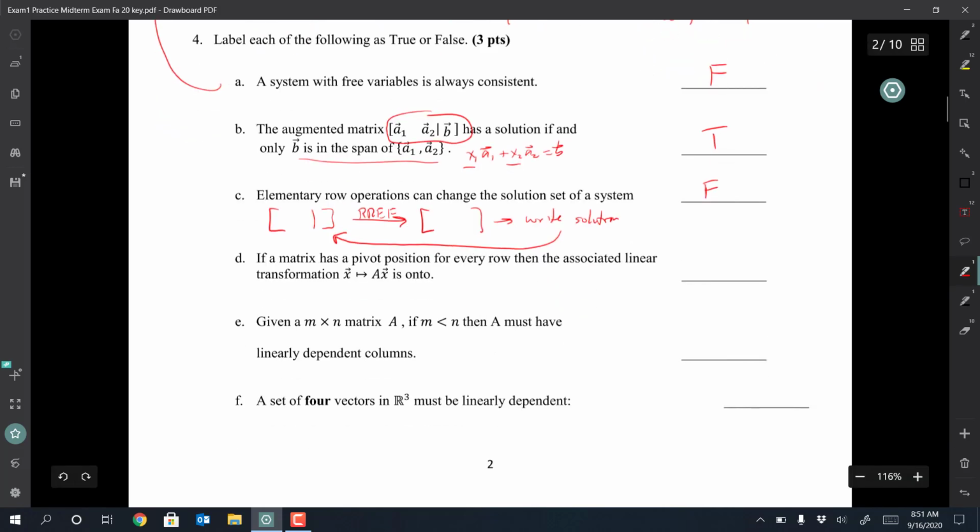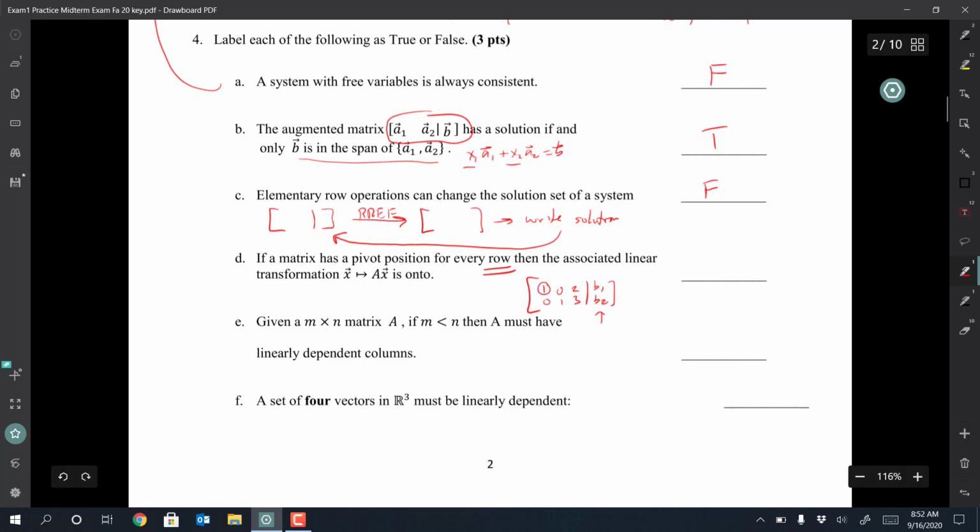Next, if a matrix has a pivot position for every row, being the keyword here, then the associated linear transformation is onto. The idea is if we have a pivot in every row, it doesn't matter what we augment with, there will always be at least one solution.